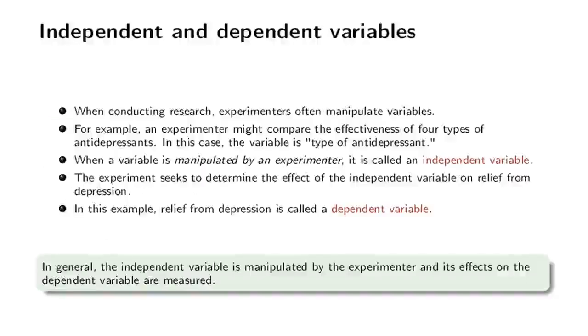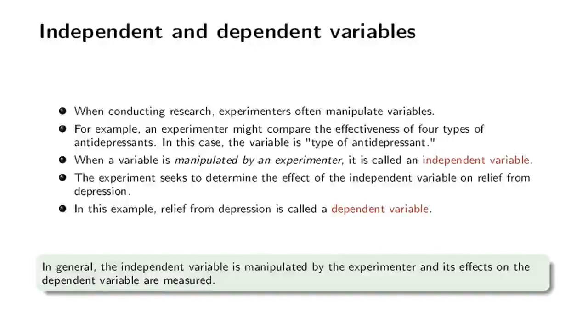So what's the difference between independent and dependent variables? When conducting research, experimenters often manipulate variables. For example, an experimenter might compare the effectiveness of 4 types of antidepressants. In this case, the variable is type of antidepressant. When a variable is manipulated by an experimenter, it is called an independent variable.